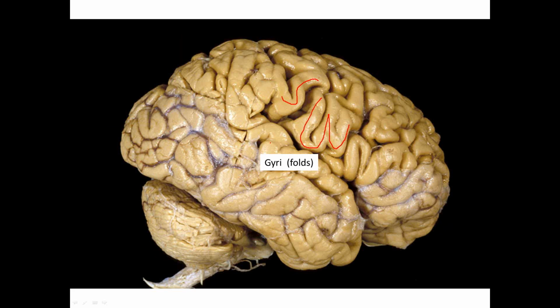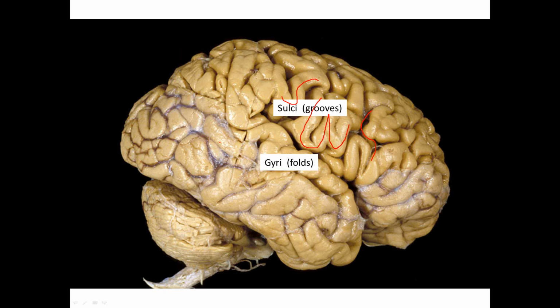So these are the folds of the brain. Now the grooves here are called the sulci. And you'll see in a minute we need to know these names because we can use them to point out different regions of the brain.